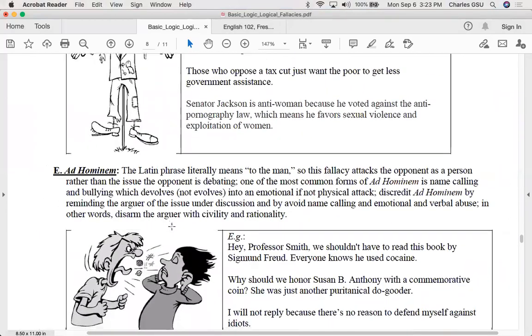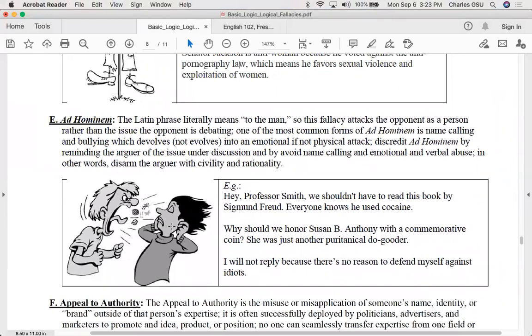So here's, only a couple more left, but here's the ad hominem attack, which is a very common one, like the stereotype and slippery slope. It means to the man, Latin. But one of the most common forms is name calling and bullying, right?